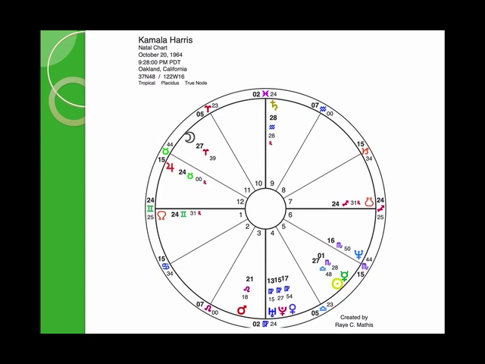Now, you have to know how fast the planets move in order to work with applying and separating. Well, actually, you don't have to know how fast they're moving. You just have to know which ones are faster than the other. And generally, it has to do with their position in the solar system. The farthest out planet, which is Pluto, moves the slowest.